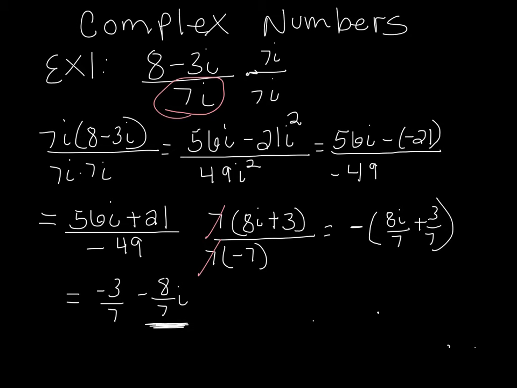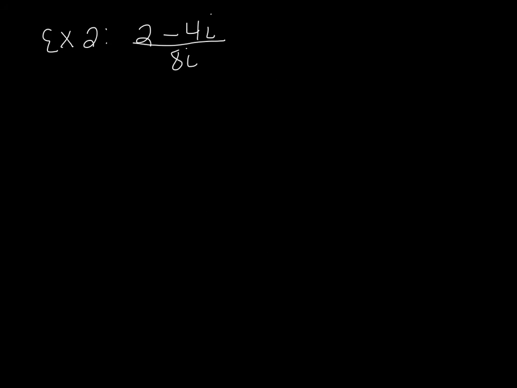Okay, so let's try one more. Try this problem. So this is very similar. We're going to multiply both the top and the bottom by 8i. Okay, and so on the top, that looks like 8i times (2 minus 4i).